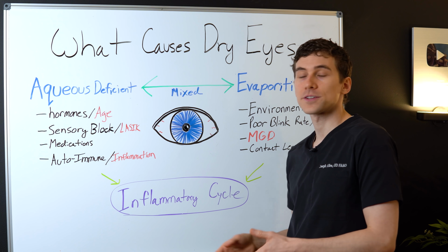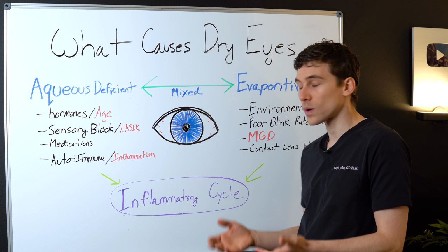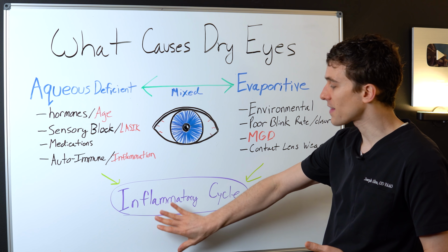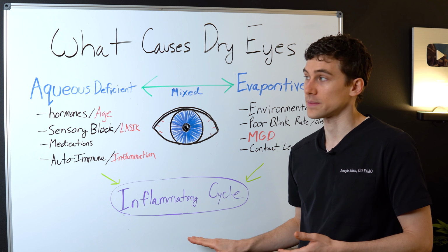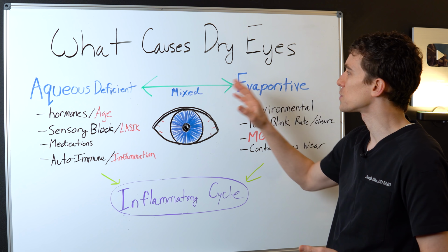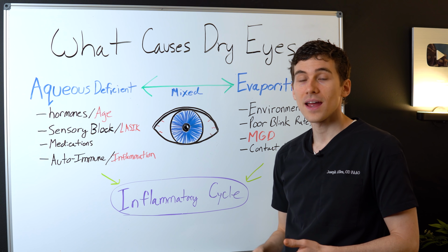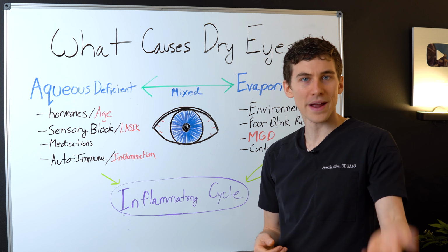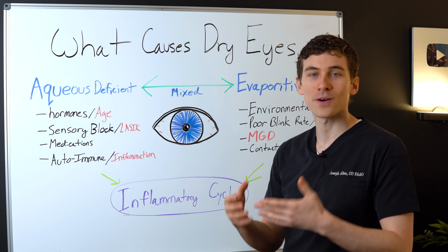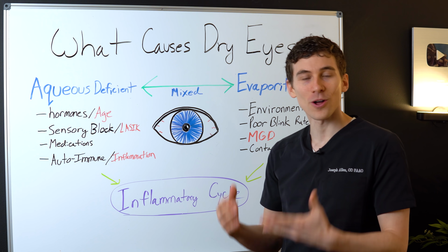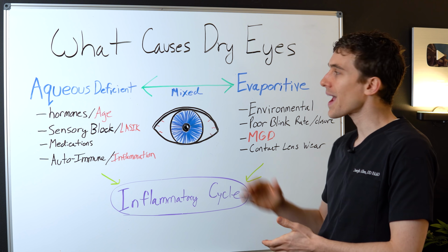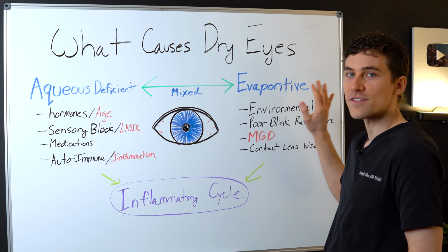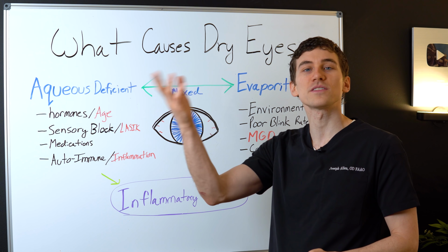Now, the reason dry eye syndrome can become so severe and chronic for people is that the inflammatory cycle will kick in. And that's where aqueous deficient, evaporative, and mixed forms of dry eye start to change the salt content of your tear film. Do you remember back at the beginning of the video, I mentioned how the tear film also has salt and proteins in it? Well, imagine that your tear film is evaporating.